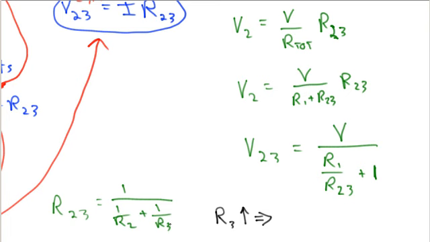So the bigger R3 is, the smaller the whole denominator. As R3 goes up, the denominator gets smaller, this whole denominator in parentheses. And so I'm dividing that into 1. The smaller the denominator, the bigger the fraction. So if R3 goes up, R23 goes up.